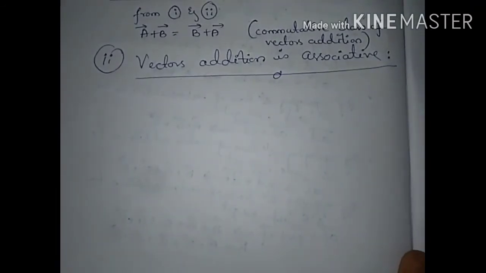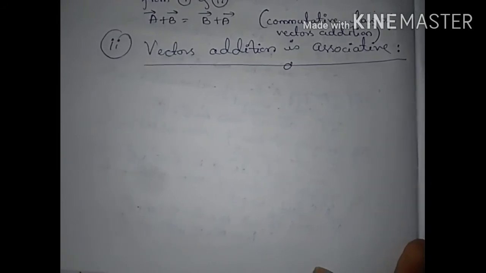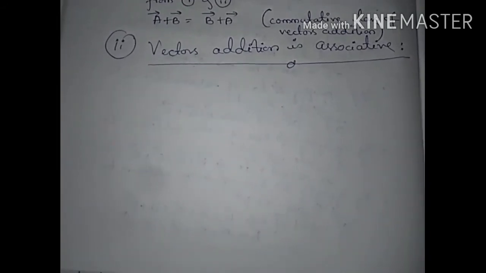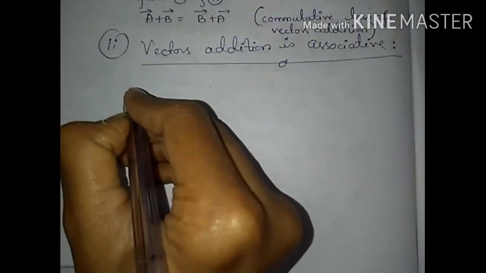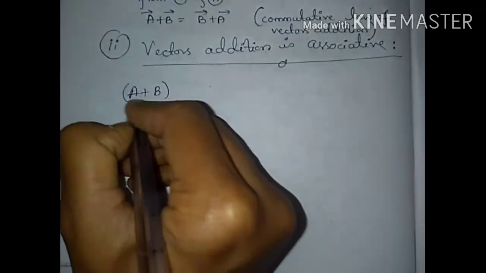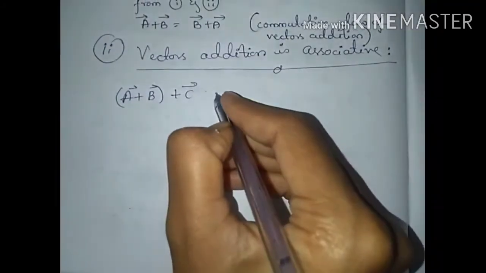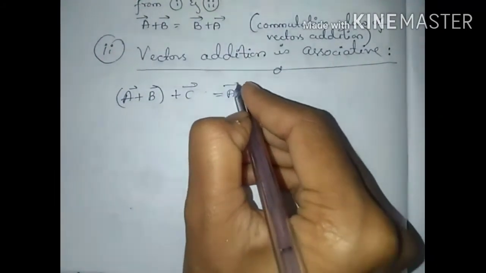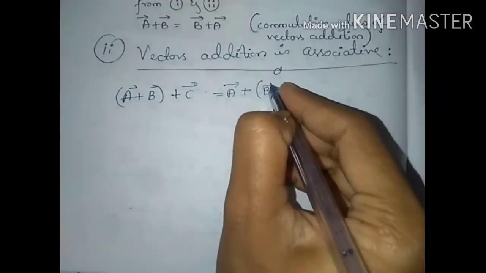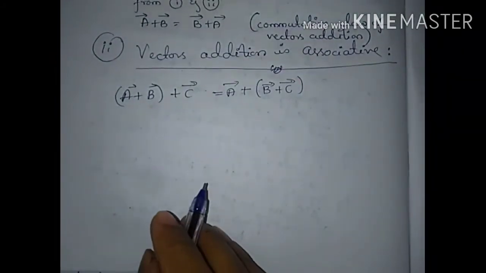So first we saw the commutative law, now it is associative. So let us understand what is vectors addition is associative. So associative law can be written as A plus B plus C, which is equals to A plus B plus C. So this is the associative law.